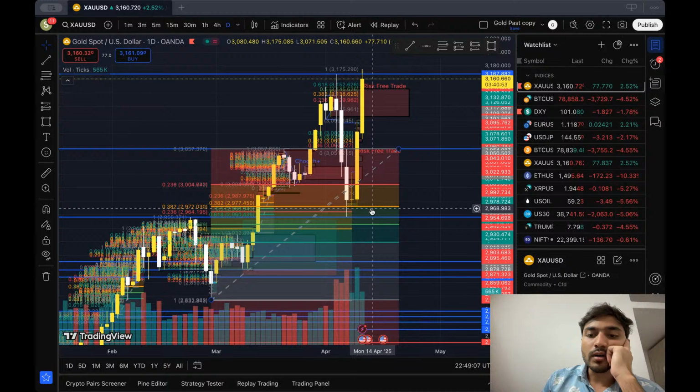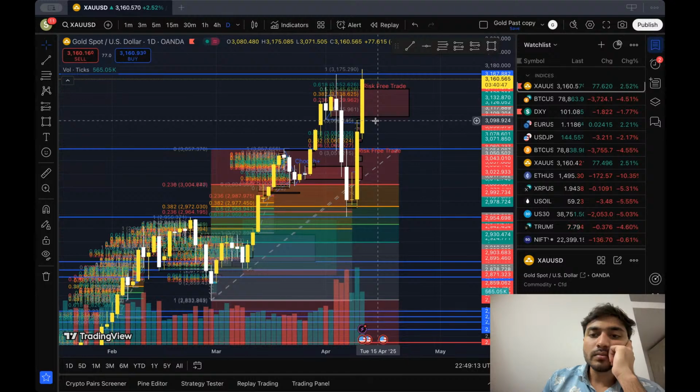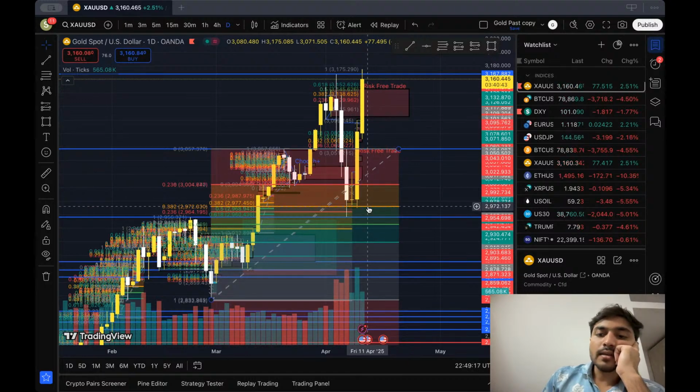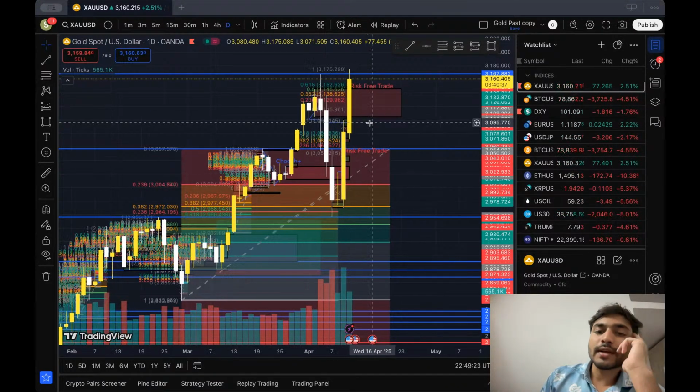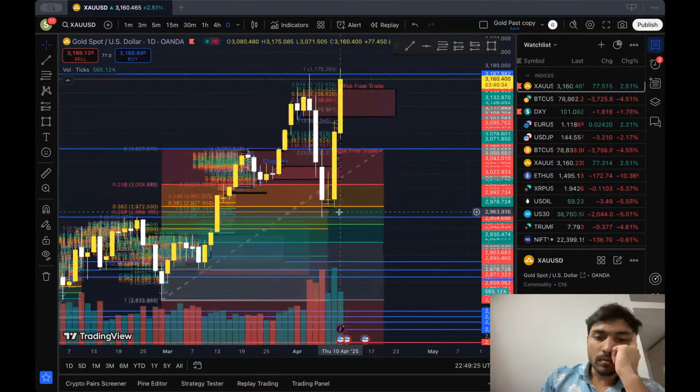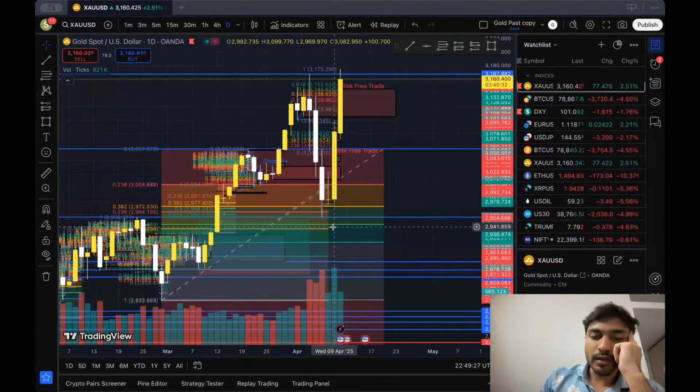It was around 968 to, yeah, around 1300 pips. Yeah, a 1300 pips candle, because yesterday there was news, right? So it was anticipated.